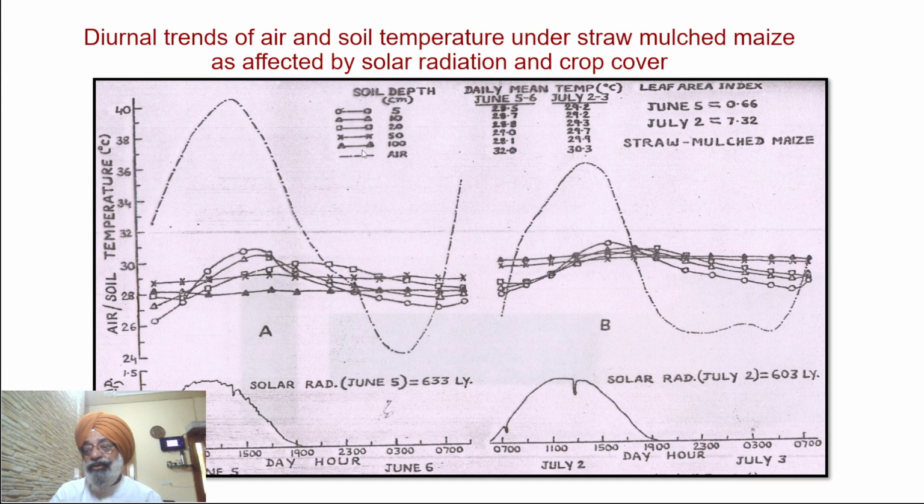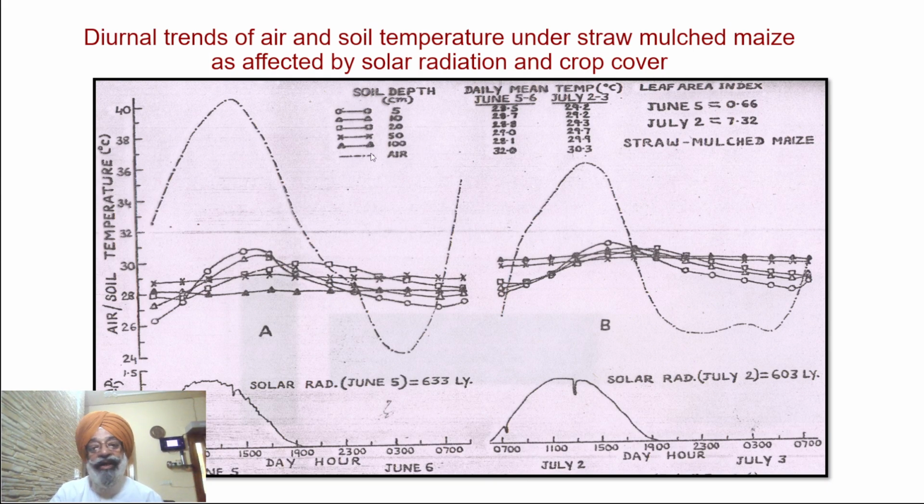And you can see with the straw mulch, the diurnal temperature fluctuation is just 4.3 degrees centigrade at 5 centimeter, decreased to 3 degrees centigrade at 10 centimeter, and further decreased to 2.1 degrees centigrade at 20 centimeter. So that means the diurnal fluctuations with mulching drastically reduced.